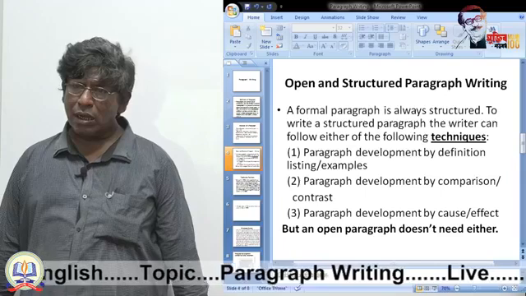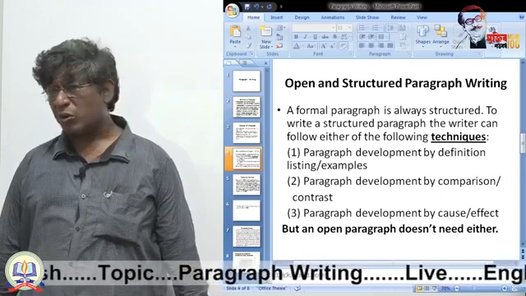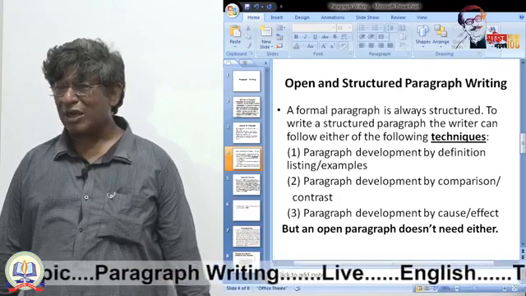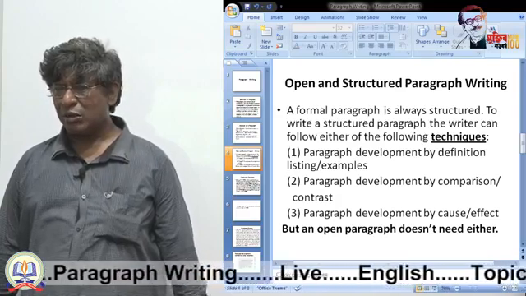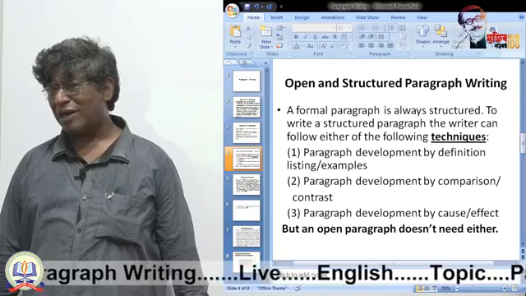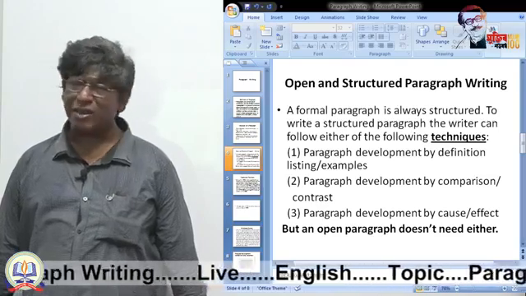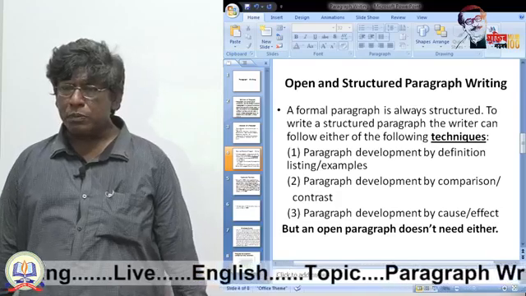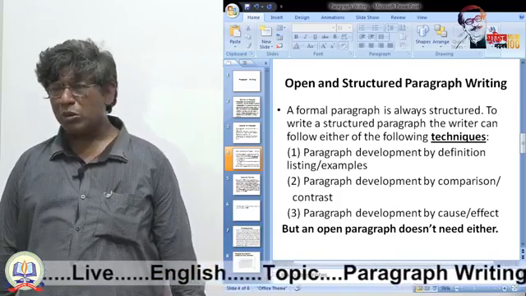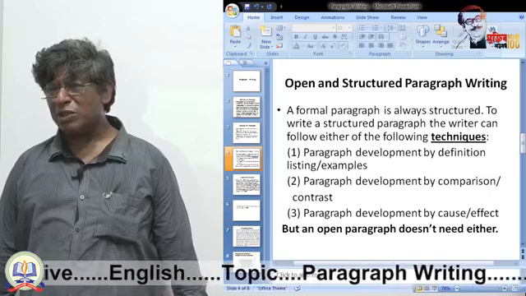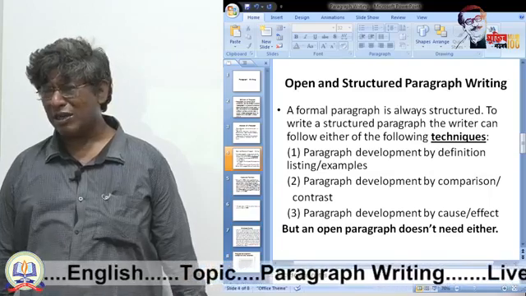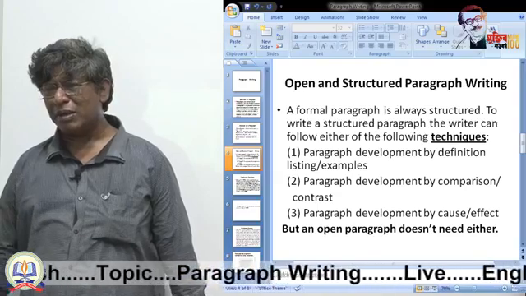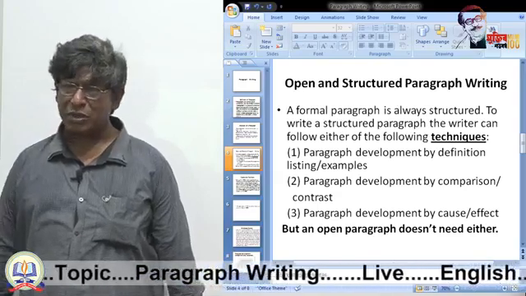Thus, when we are asked or we are guided to write a paragraph following either of the techniques, we have to follow the guideline in the question paper. I will show you how these different techniques are practiced while writing different paragraphs.